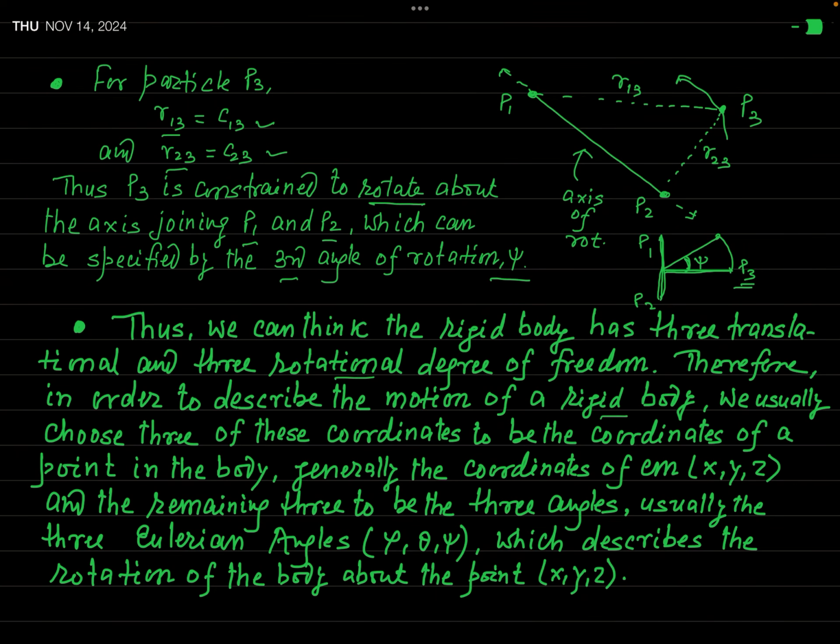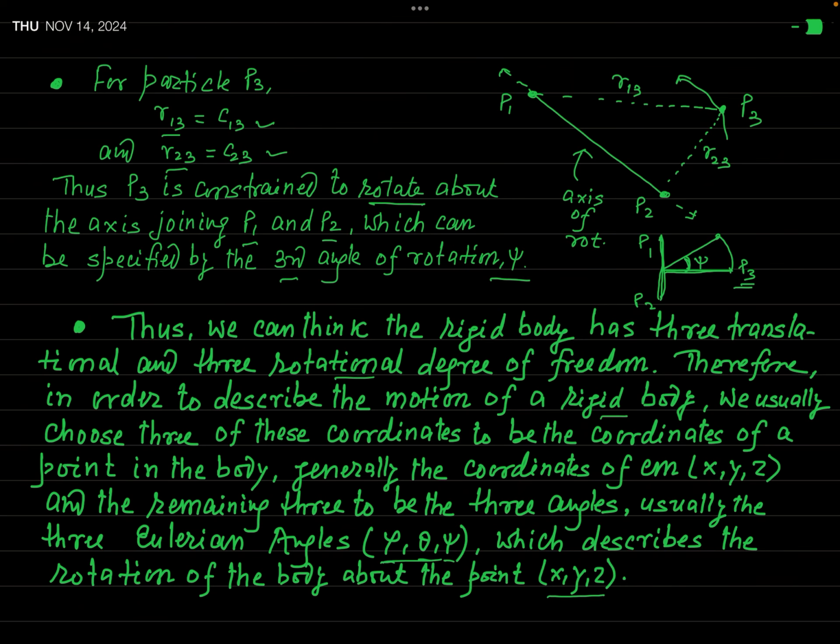So in assigning the 6 independent variables, first of all, we take the coordinates of the center of mass of the body, whose coordinates are capital X, capital Y and capital Z. And we also consider the three angles phi, theta and psi. Actually, we'll learn about the Euler angles after some videos.